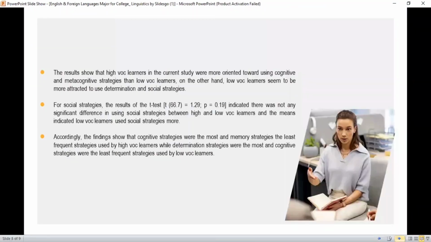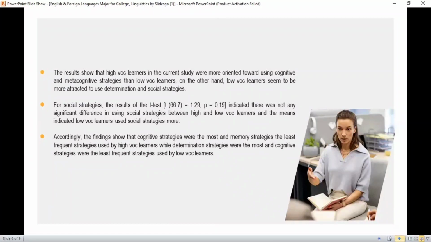Okay, here are the results. The results show that high efficiency learners in the current study were more oriented toward using cognitive and metacognitive strategies than low efficiency learners. On the other hand, low efficiency learners seem to be more attracted to using determination and social strategies. For social strategies, the test results indicated there was not any significant difference in using social strategies between high and low learners, and the means indicated low efficiency learners use social strategies more.